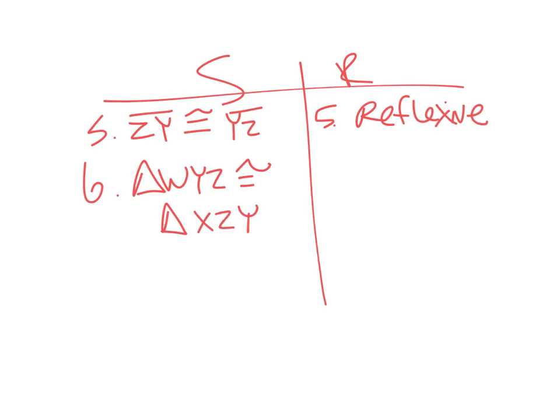And our last statement is triangle WYZ is congruent to XZY by hypotenuse leg. So number 6 is the hypotenuse leg theorem. Good? Any questions on how to do that?